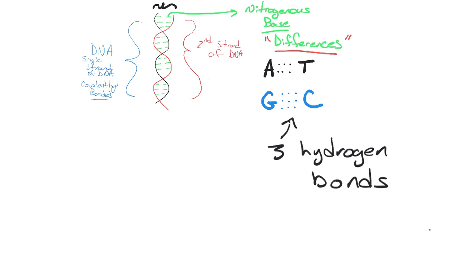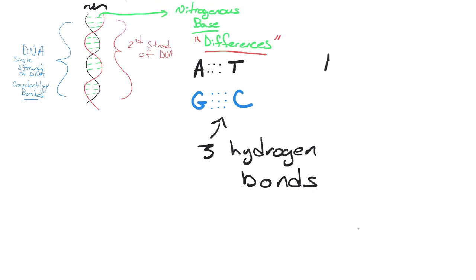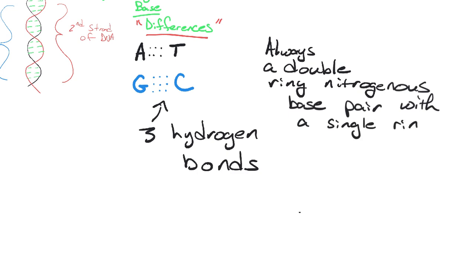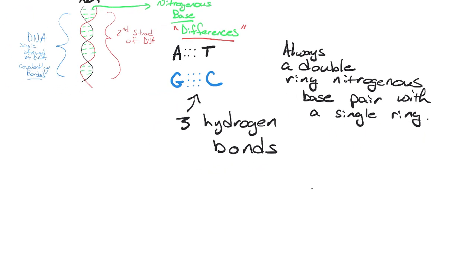And the second clue that's going to help you solve this mystery is that always in DNA, a double ring nitrogenous base pairs with a single ring. Always. So you never have two single rings.